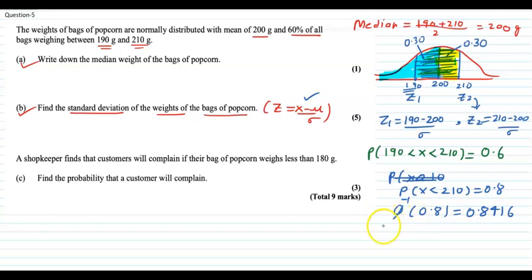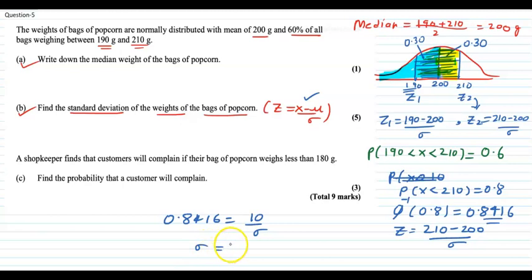Using standard normal, Z equals 210 minus 200 over sigma, and our Z value is 0.8416. 210 minus 200, that is 10 over sigma. So sigma is 10 divided by 0.8416.